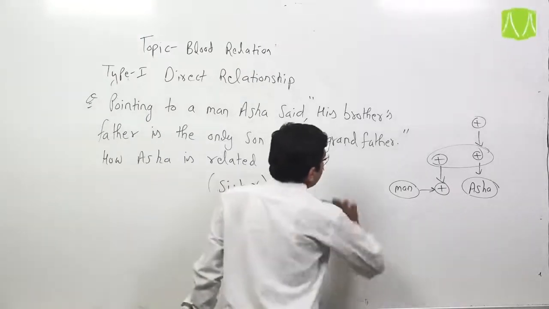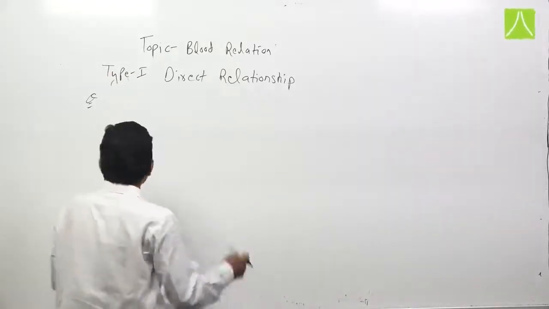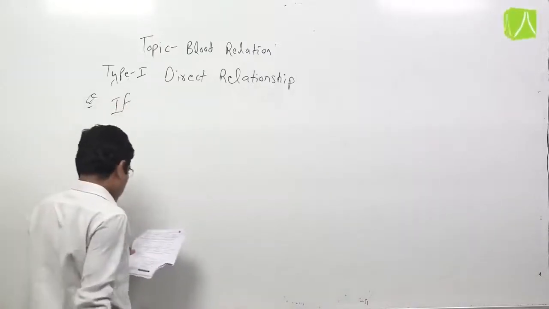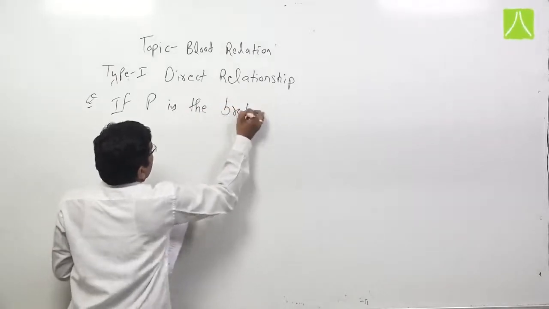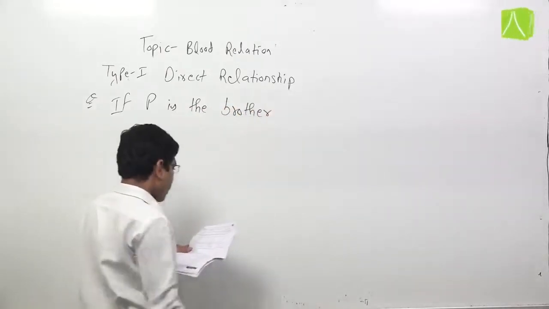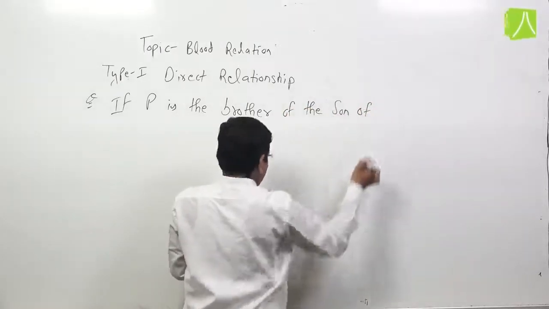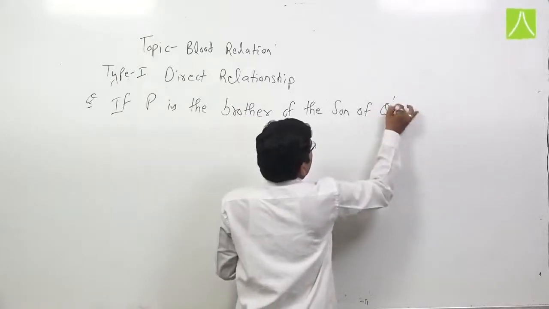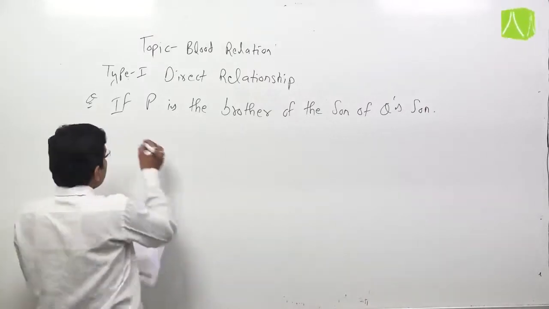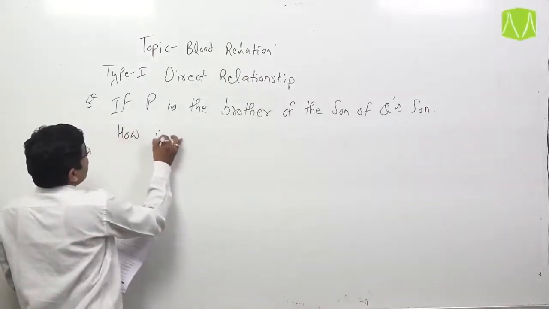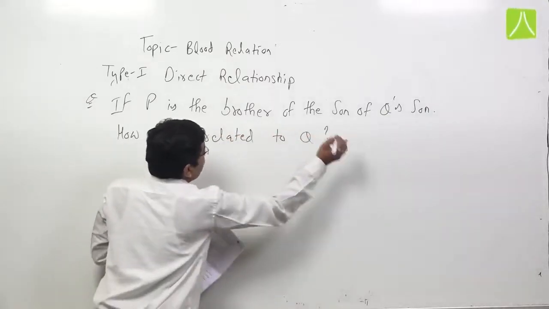Now take next example. According to the question, if P is the brother of the son of Q's son, then how is P related to Q?